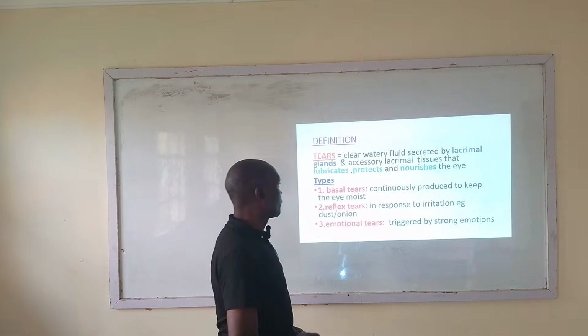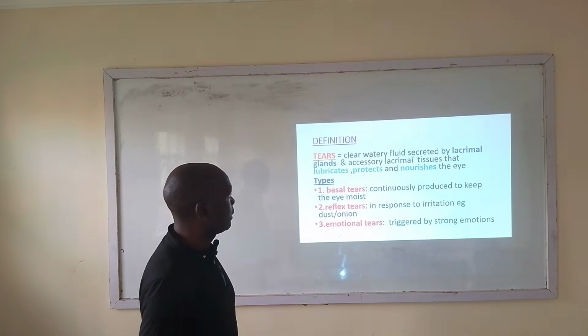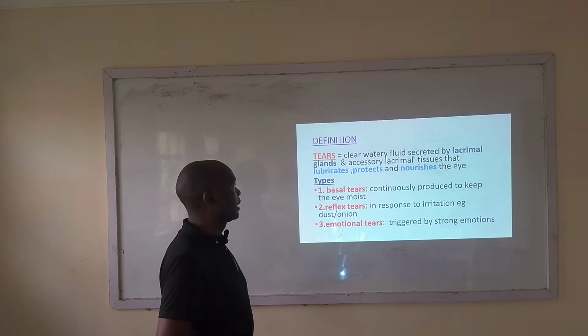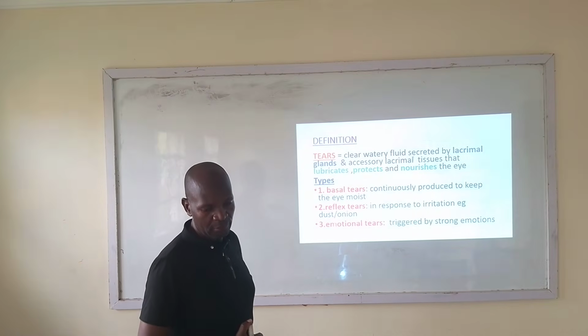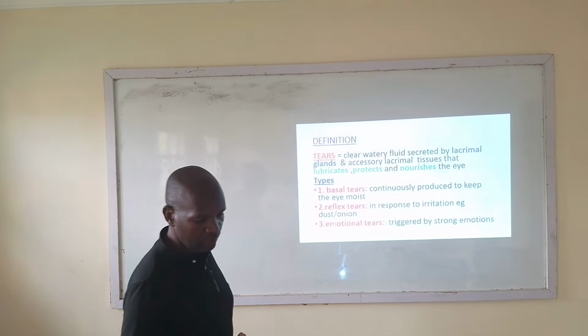So what is tears? It is just a clear watery fluid, and it is secreted by lacrimal gland and accessory lacrimal tissues.